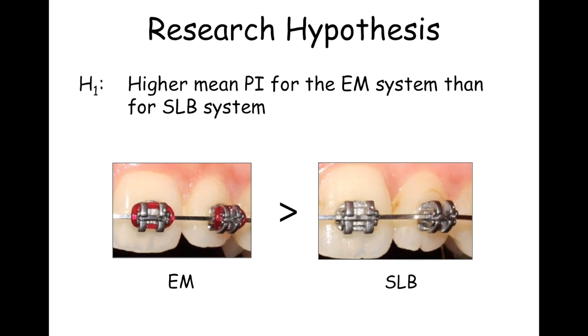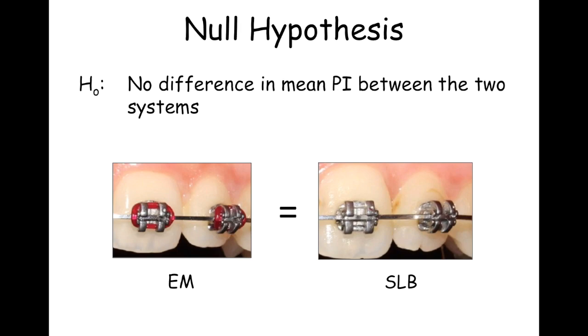The researchers expect greater plaque accumulation for the elastic module system, so the research hypothesis is that this system will produce higher mean plaque index scores than the self-ligating brackets. To test this hypothesis, they set up another statement called the null hypothesis, a statement of no difference or no effect. If there's no difference between the two systems, then the mean plaque index will be the same.